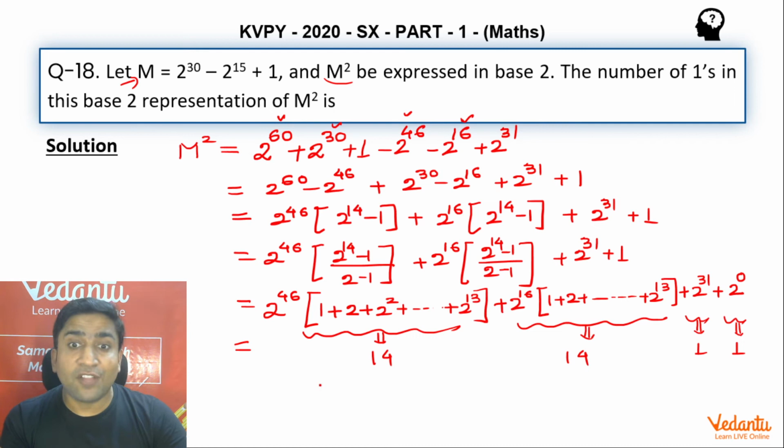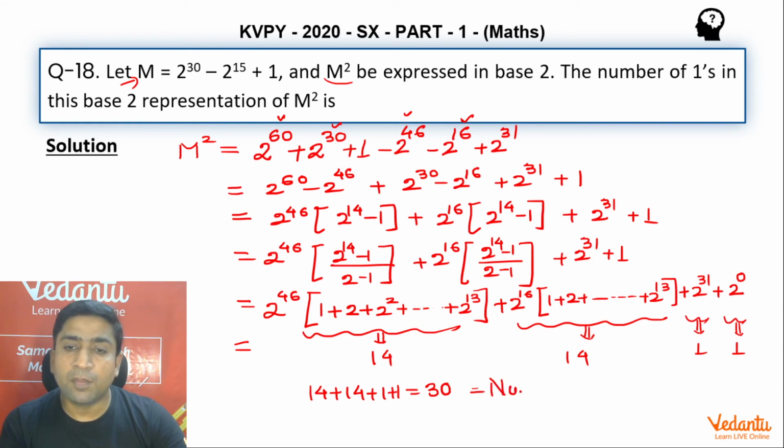So overall, if you ask how many ones I have, I just sum up all these numbers, 14 plus 14 plus 1 plus 1, which comes out to be 30. So the total number of ones in m square is 30.